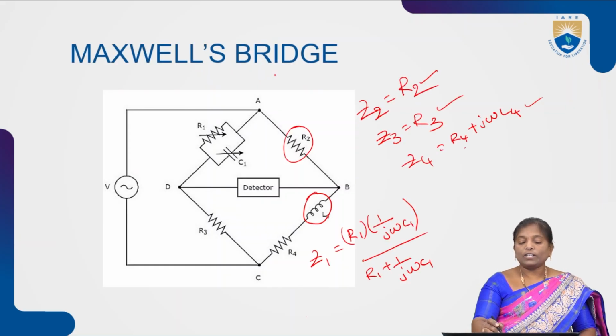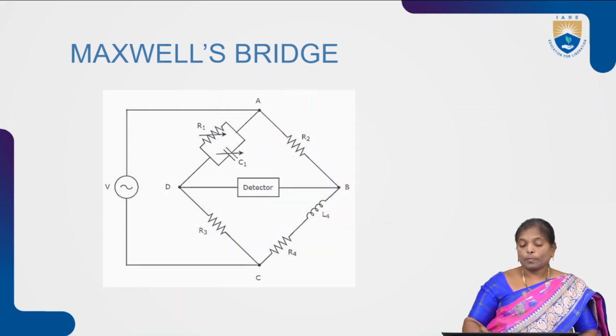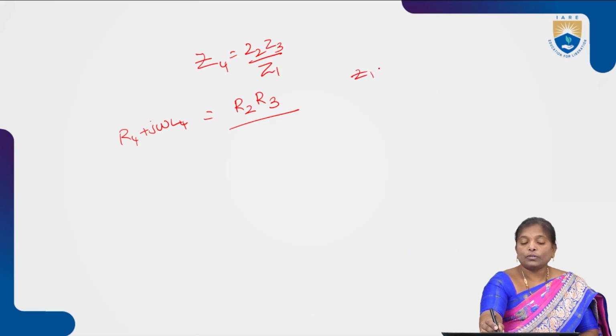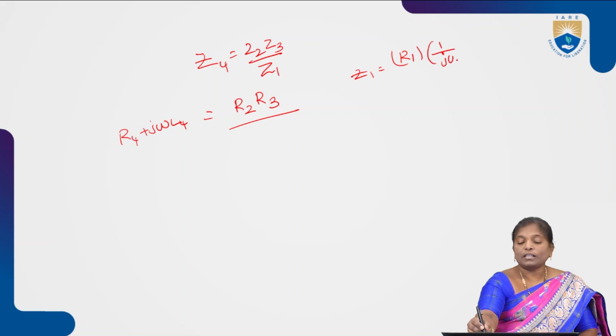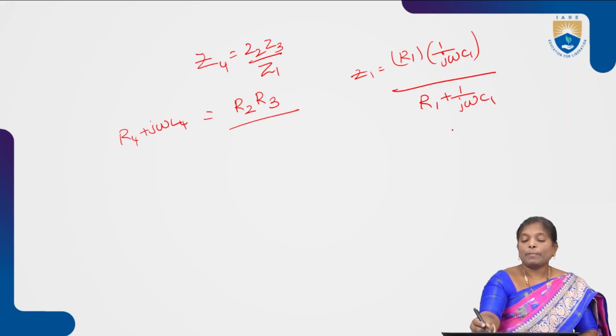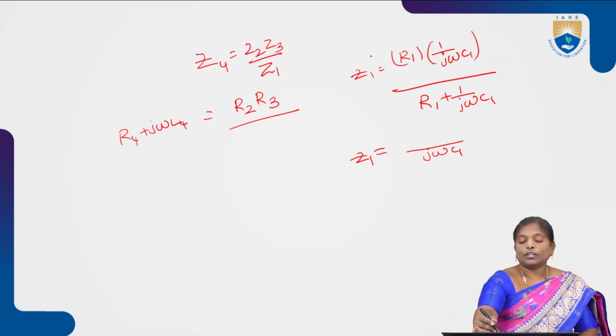We know that Z1 is R1 into 1 by j omega C1, whole divided by R1 plus 1 by j omega C1. By simplifying this expression, we have j omega C1 in the numerator section, R1 by.